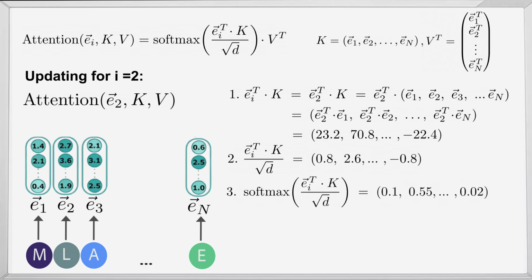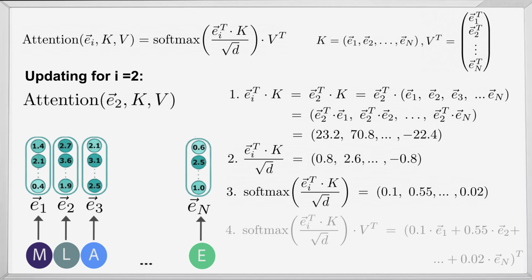It converts all numbers of the vector to values between 0 and 1 that sum up to 1. So this results in a vector with n entries between 0 and 1. You can see that values that have been higher are still higher, and values that were low or negative are transformed into values close to 0. These are now our importance scores that we want to use to update vector E2.